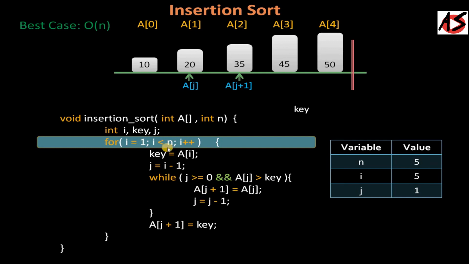So for 1 to n, every time you have to execute the inner while loop 1 time, 2 times, 3 times up to n minus 1 times. So you can see here you have n multiplied by n conditions, that is n squared. So in the worst case, the time complexity of this algorithm is big O n square.